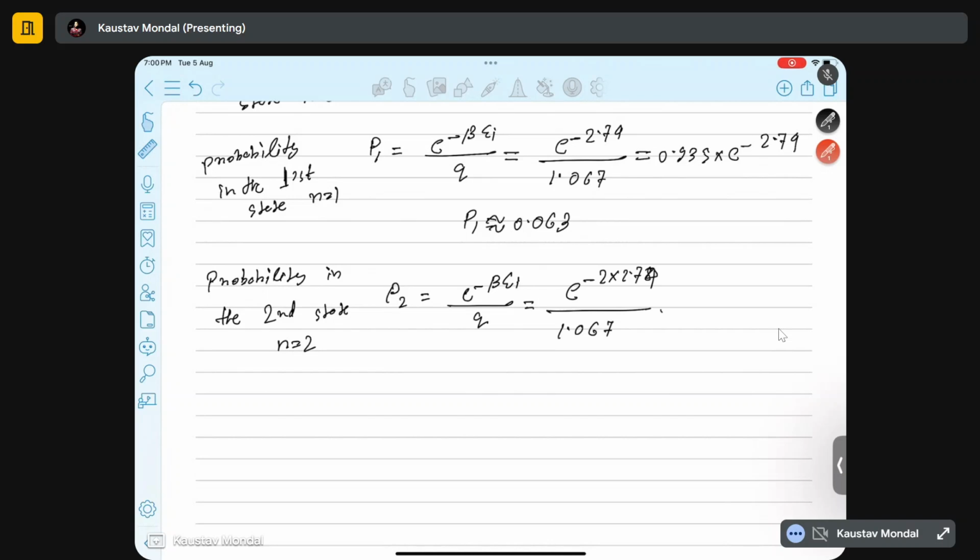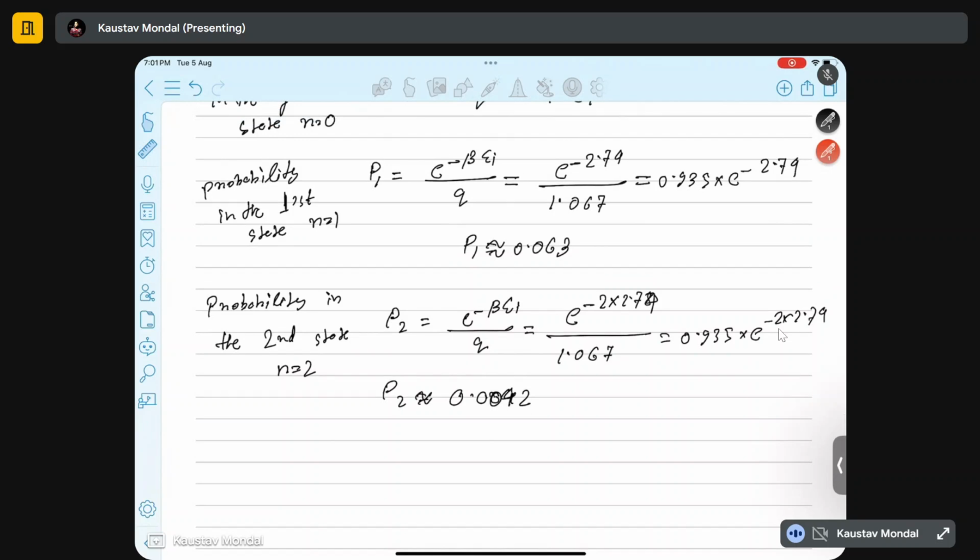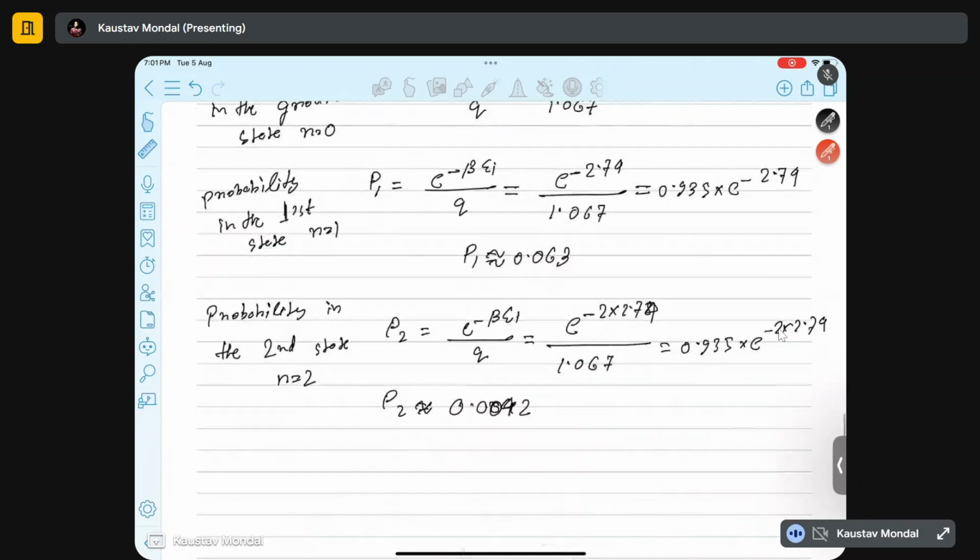So P2 is 0.935 into e to the power minus 2 into 2.74. This gives you a respectable number, 0.0042. You can see a significant number compared to the previous. So P1 is 0.06, P2 is 0.004.